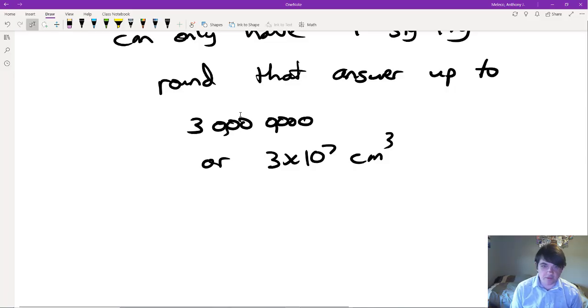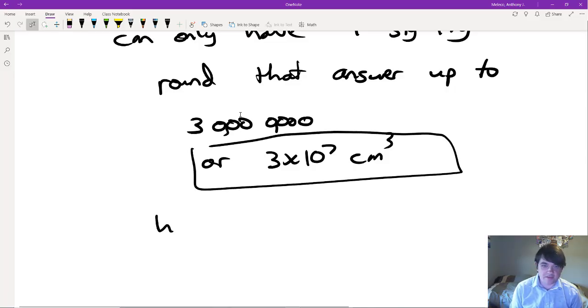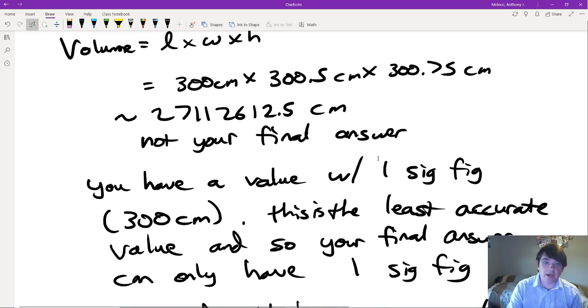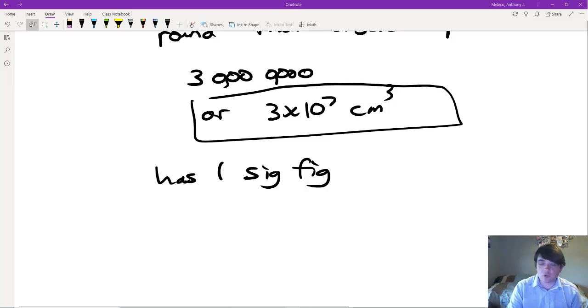This is your final answer. And this has 1 sig fig, because this is how certain you are about your answer due to the fact that you measured the length very poorly with a bad measurement device. So that's how sure you are of your answer. Okay.